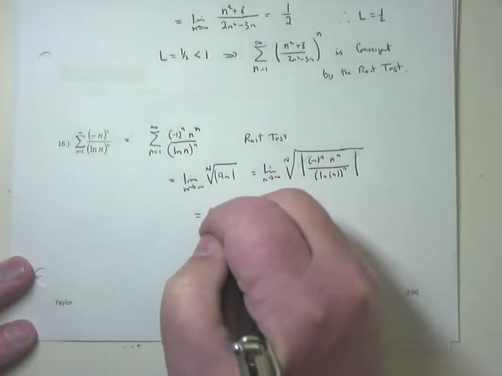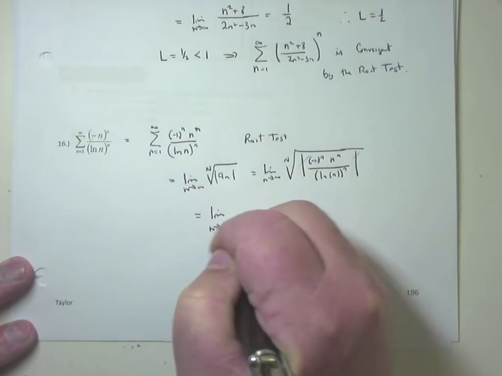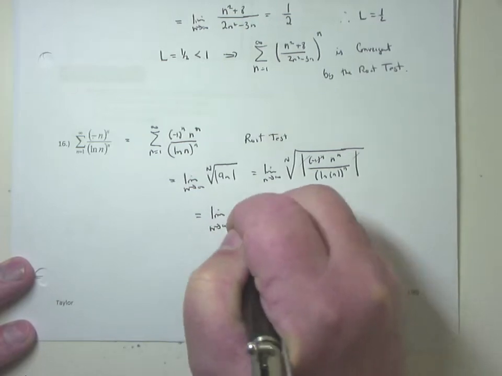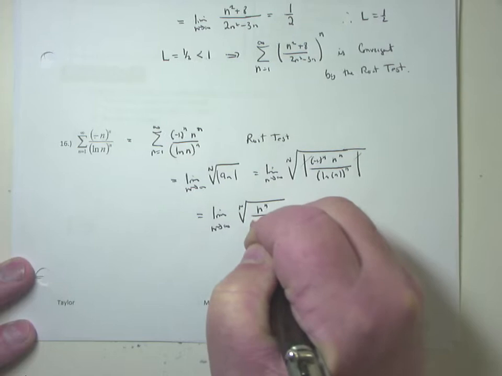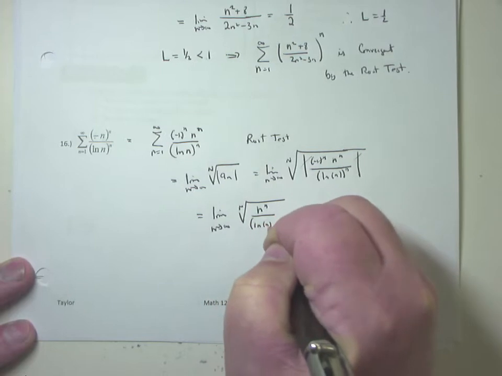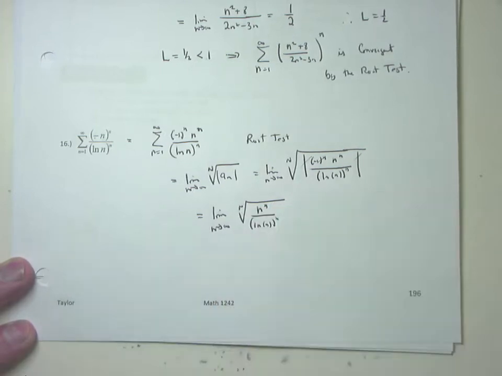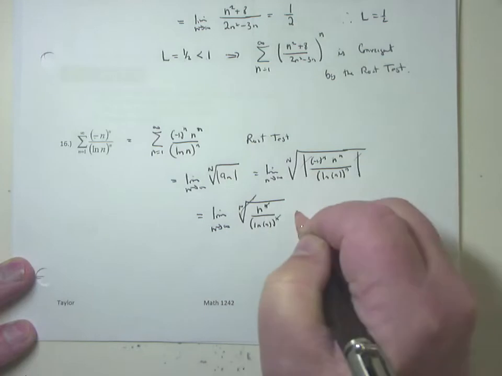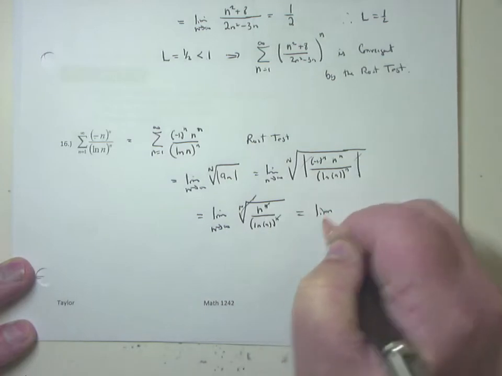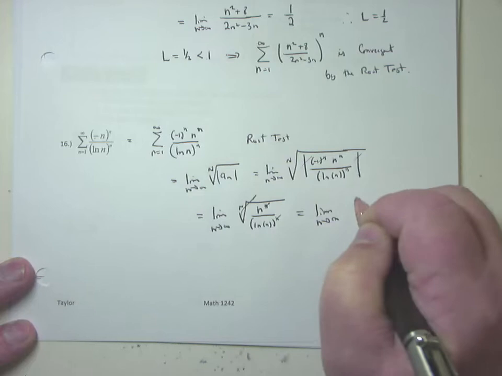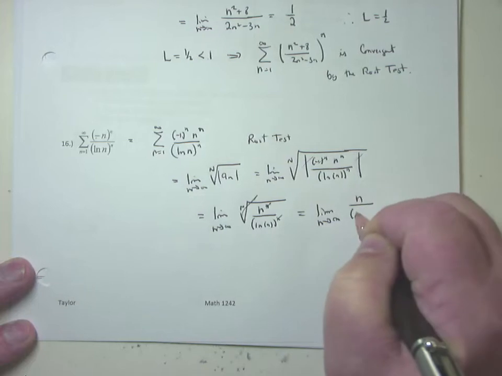This gives you the limit as n approaches infinity of the nth root of n^n over (ln n)^n, and the nth root and the n powers cancel. This leaves you with the limit as n approaches infinity of n divided by the natural log of n.